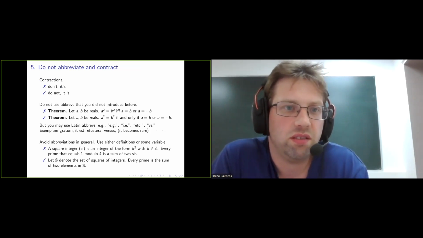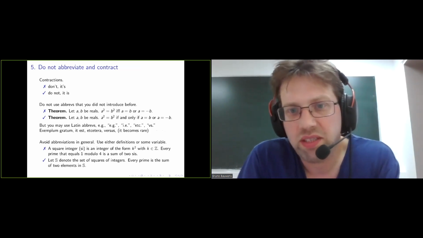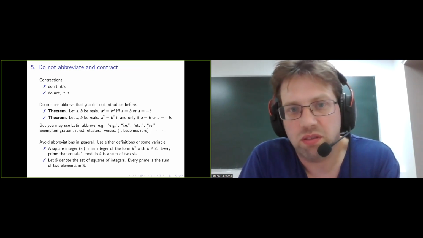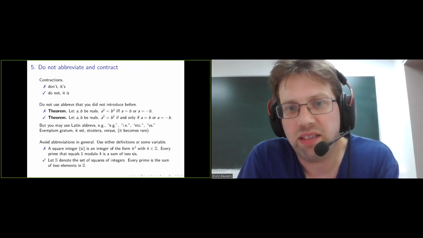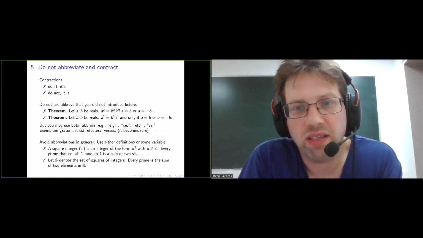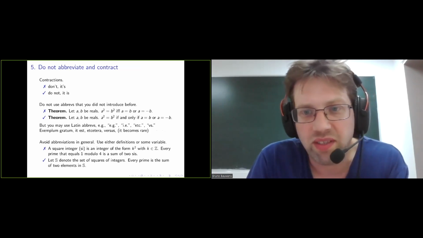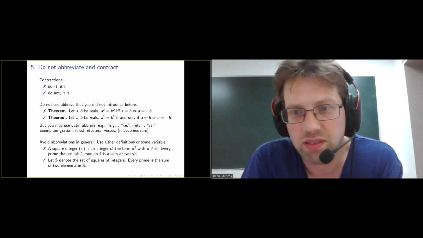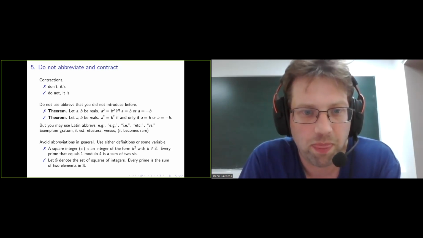Okay, here are some more rules. Don't use contractions, don't use abbreviations, particularly abbreviations that you didn't declare before. Some authors write "iff" with two Fs to mean "if and only if," so don't write it. But you can use Latin abbreviations, though nowadays in recent papers I almost never see them, but it's allowed.